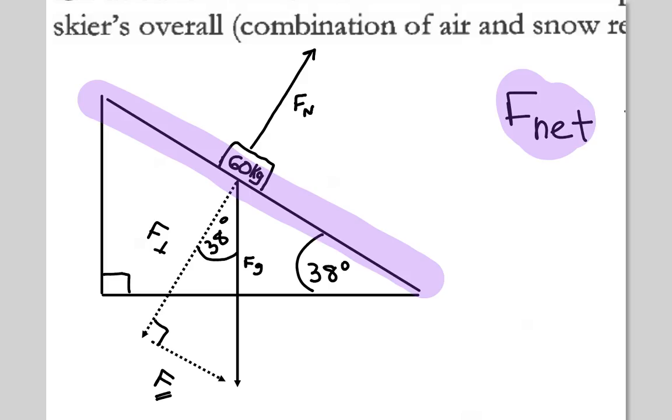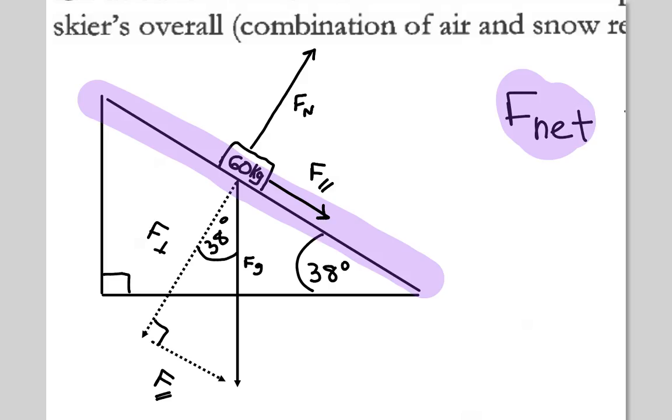And what happens when you multiply by sine theta, when theta is between 0 and 90? You always get less. So you're only experiencing a portion of this gravitational force, and you're experiencing F parallel. So you can sketch in F parallel. This is what's making you go down the hill.